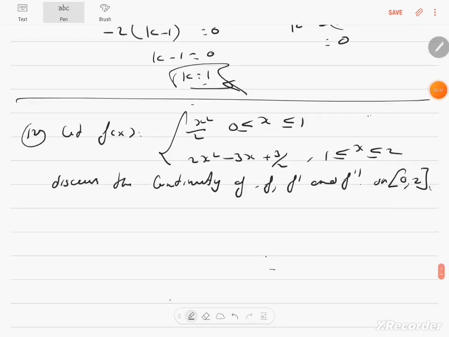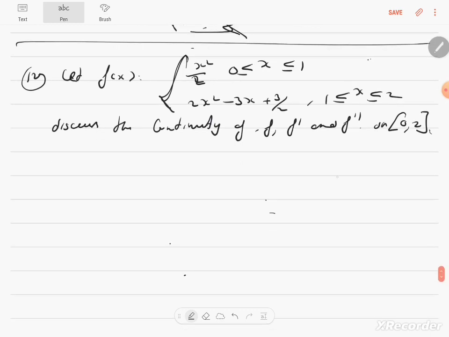So let's go to this sum where let f of x is equal to x square by 2 when x is lying between 0 and 1, and 2x square minus 3x plus 3 by 2 when x is lying between 1 and 2. So you understand that you're going to approach 1 from the left and 1 from the right.